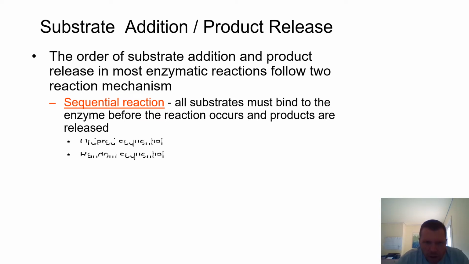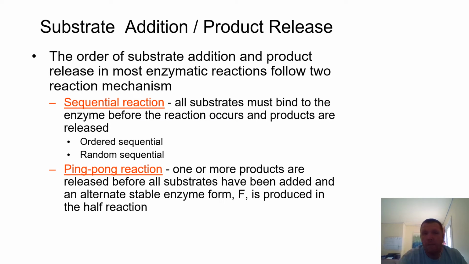The alternative is a ping-pong reaction, in which one or more products are released before all of the substrates have been added, and an alternative stable form of the enzyme, labeled "F", is produced in that half reaction. I think it's a little more clear when you look at the layout of what this actually looks like.